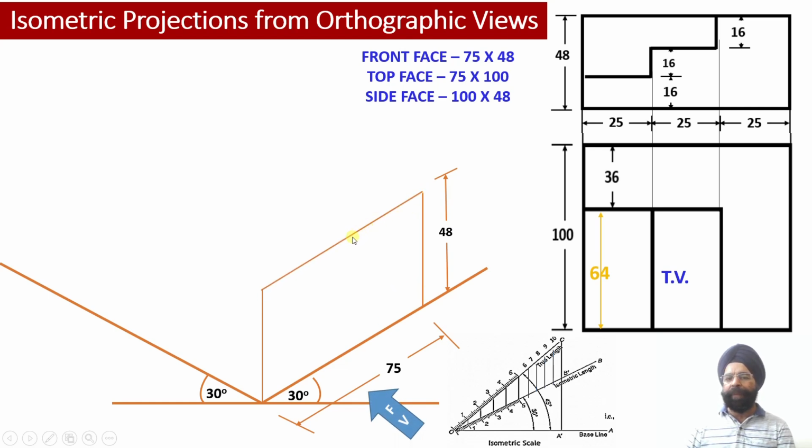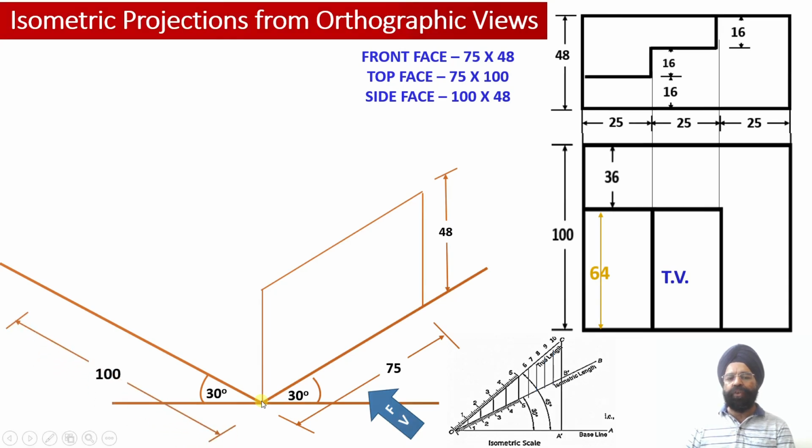In order to complete the front face, another isometric line is drawn parallel to the z-axis, and this edge will be equal to 75 millimeter. Similarly, another vertical edge, which is an isometric line, will be drawn parallel to the y-axis, and the measurement of this edge will again be equal to 48 millimeter over there, right? So this way the front view face of the solid has been completed.